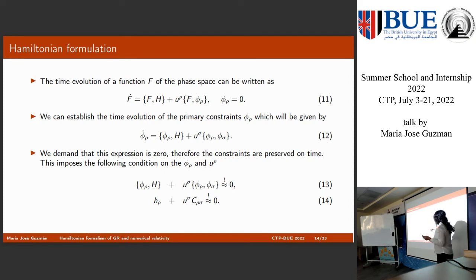So I demand that for any physical theory, all the primary constraints are preserved in time. I impose that this expression is zero, and this imposes some conditions on the parameters that I defined.